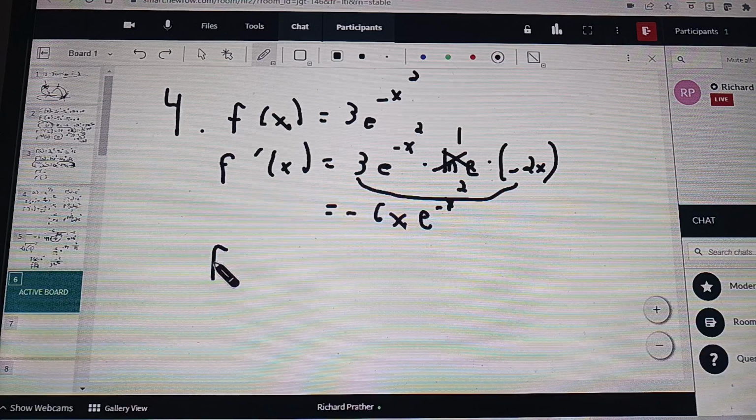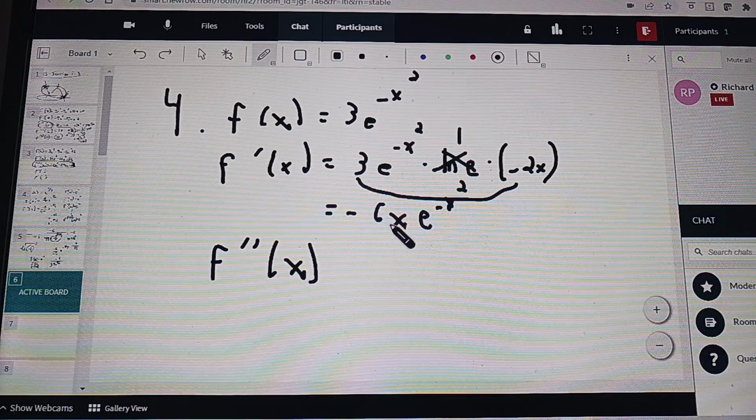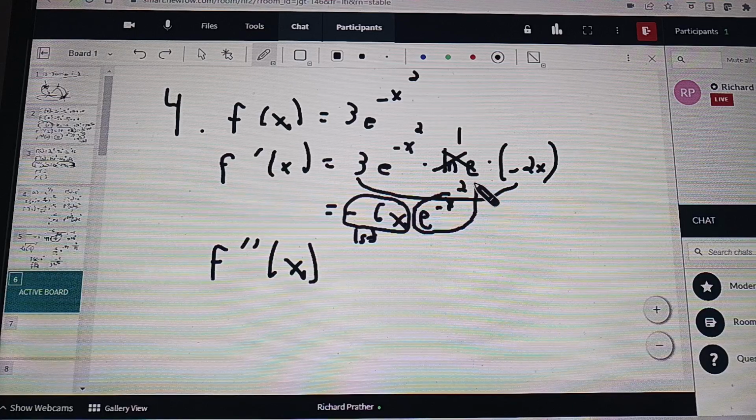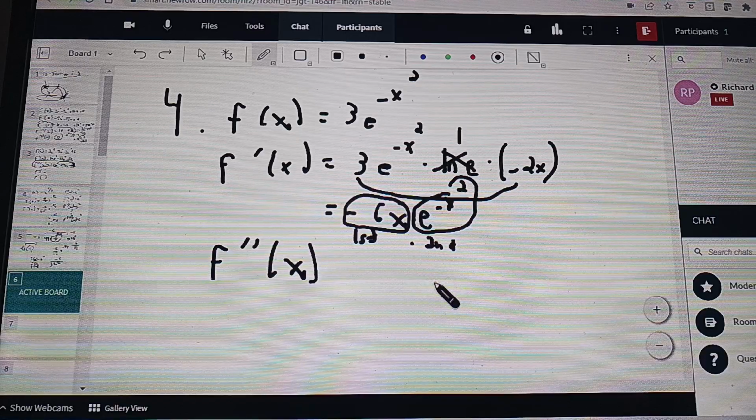So now if you want to do the second derivative, you've got two different functions of x here. There's a negative 6x that I'm going to consider to be the first function times e to the negative x squared, which is the second function. I have a function of x times a function of x. That's the product rule.